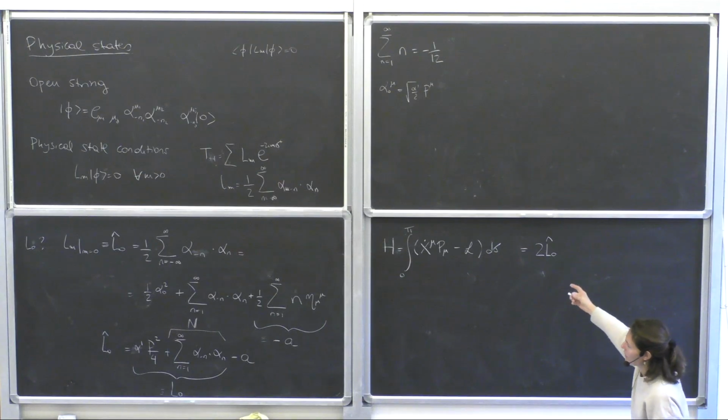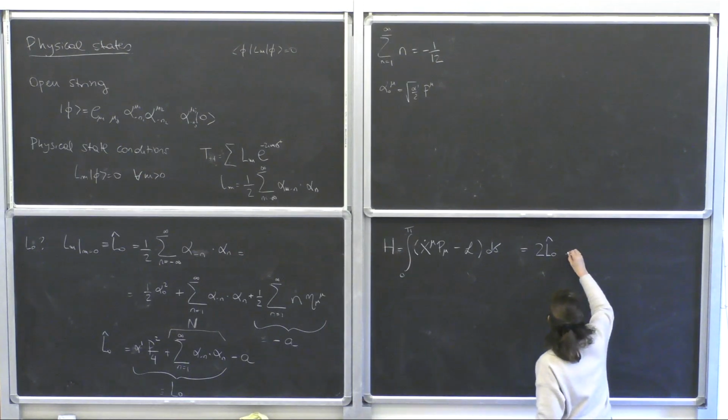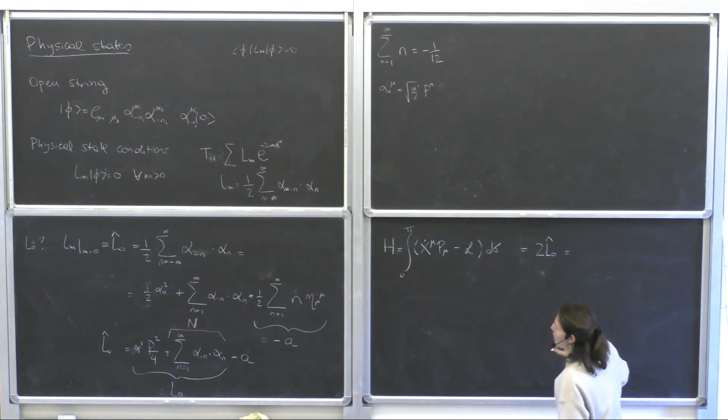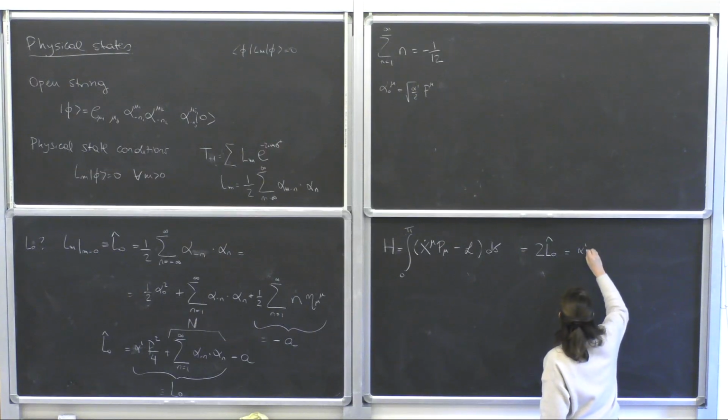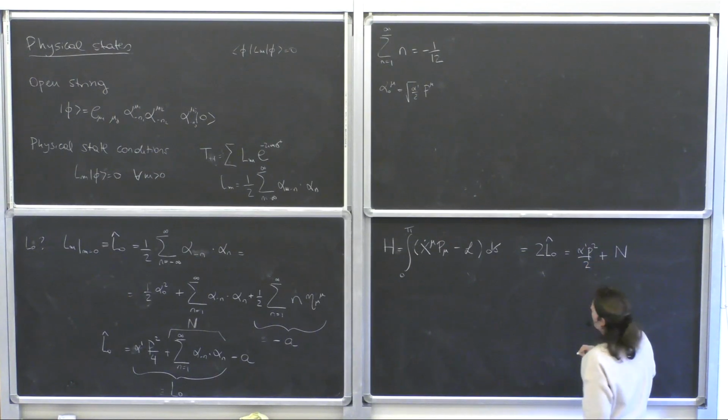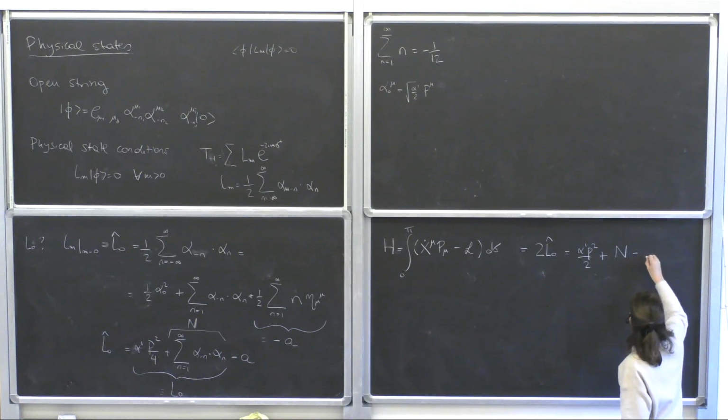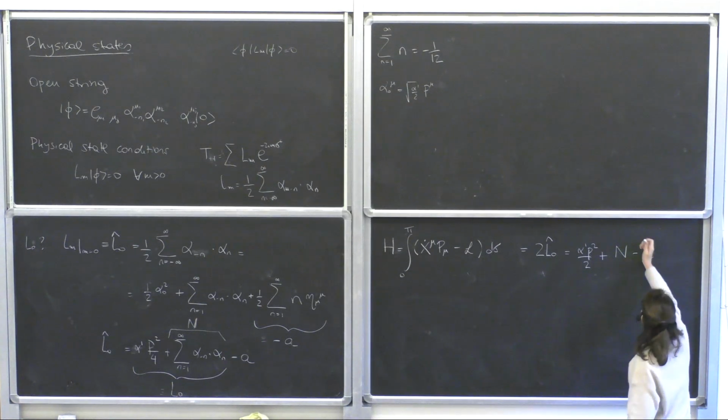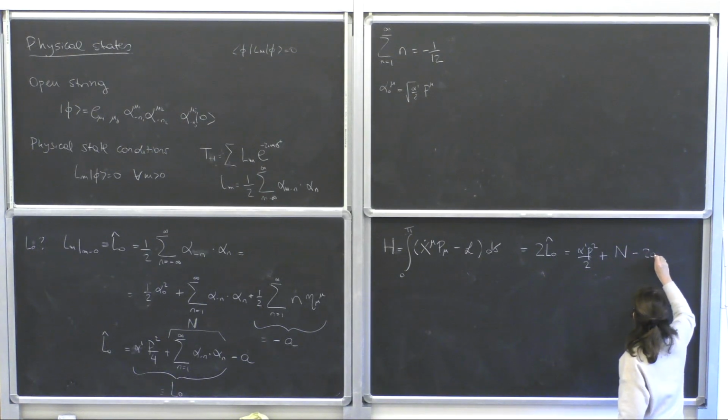So 2 times L0 hat is alpha prime p squared over 2 plus this operator n minus a, minus 2a, and 2n, right?